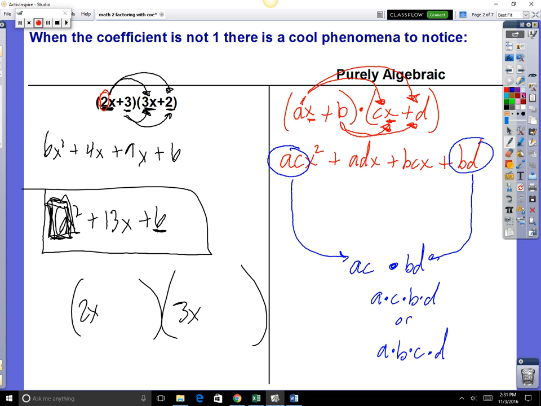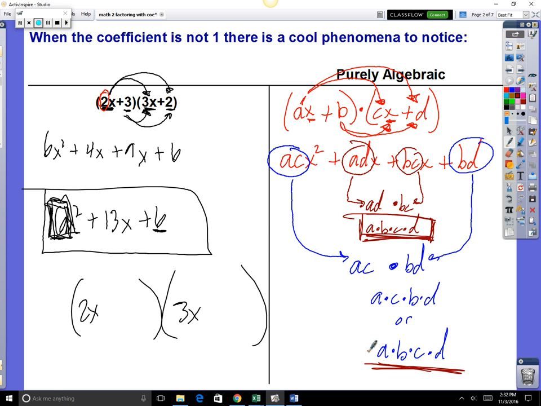Now if you take the number in the middle and do the same thing, you take ad and times it to this one, bc, you will get a times b times c times d. You get the same number every single time.